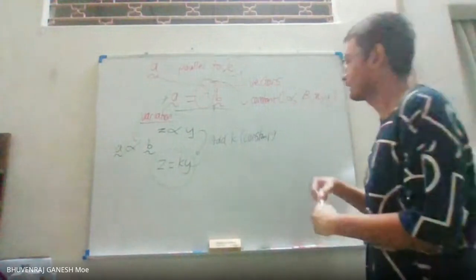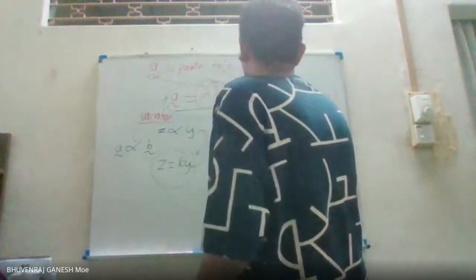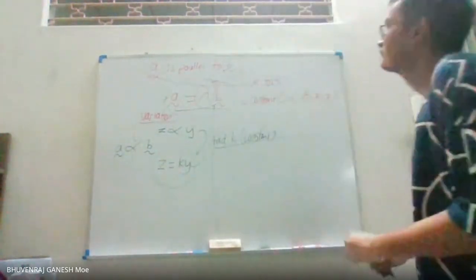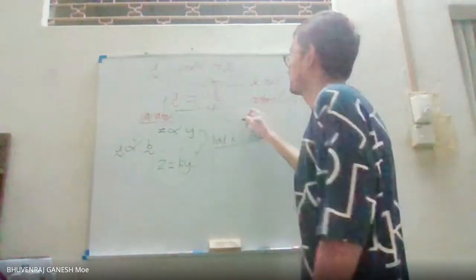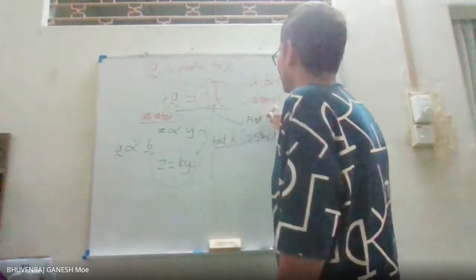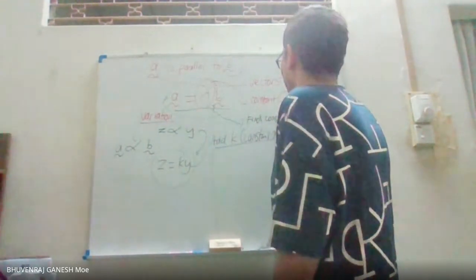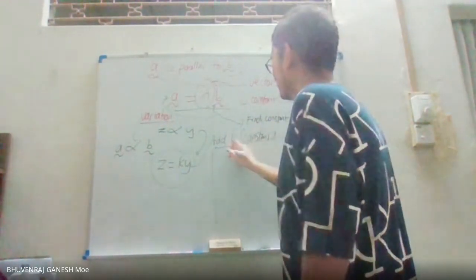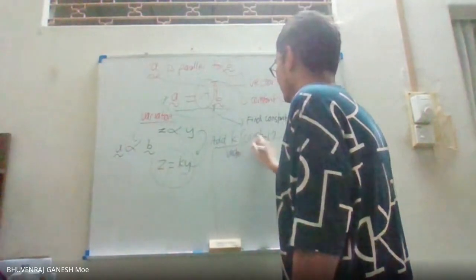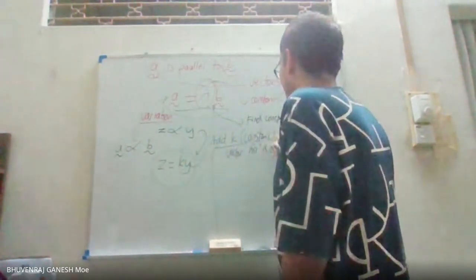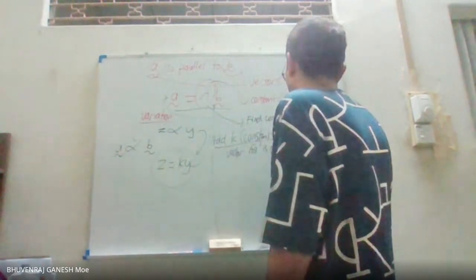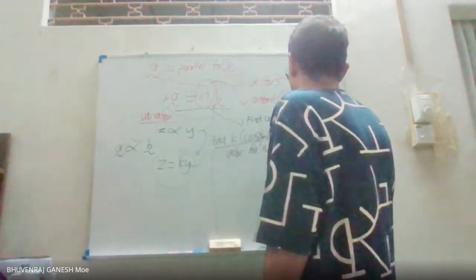So now we apply to a question. Now we want to find the constant in this case. Let's say you want to find this constant. So I say vector AB is parallel to vector CD.